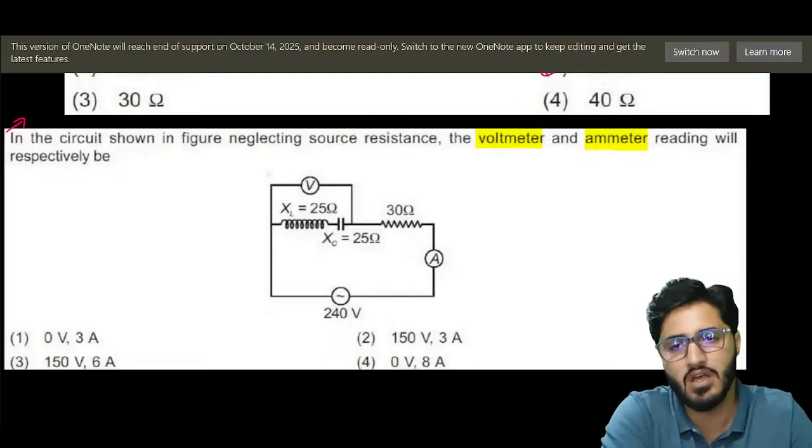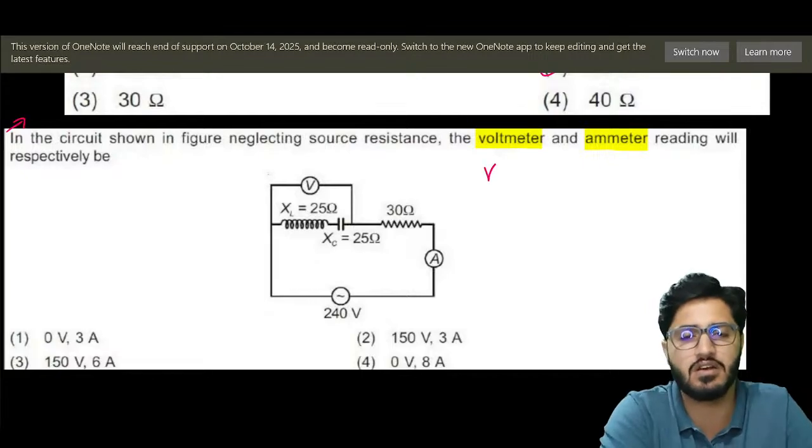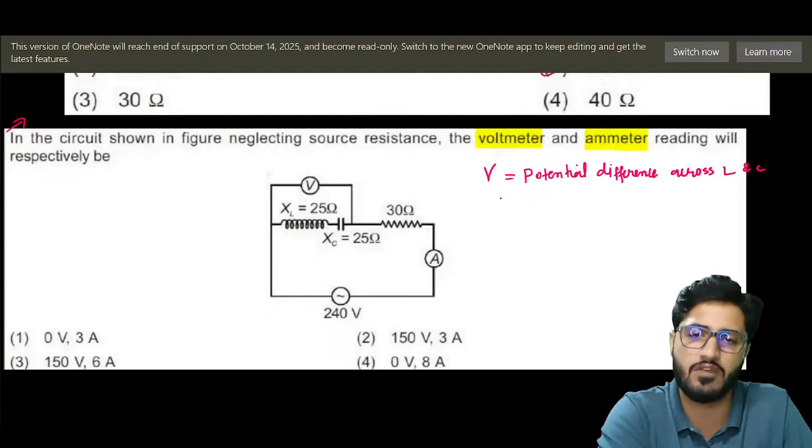Look now. Voltmeter is across L and C. So voltmeter will read the potential difference across inductor and capacitor. So it will be VL minus VC equals to V. What is VL?